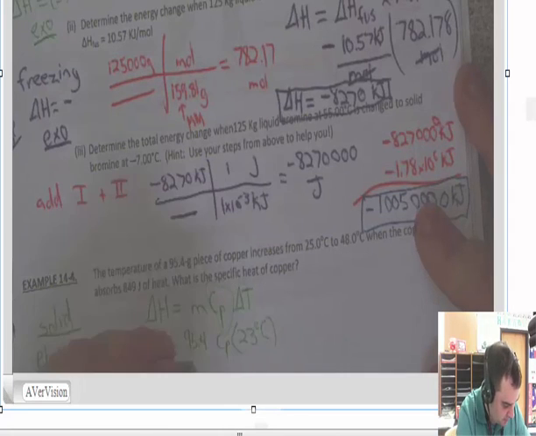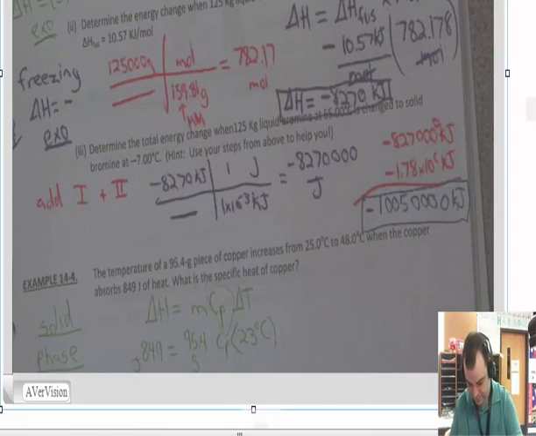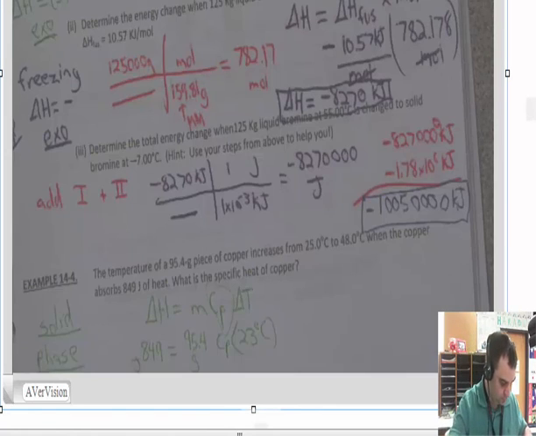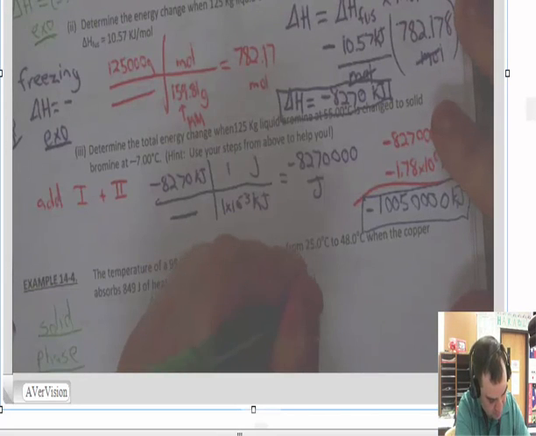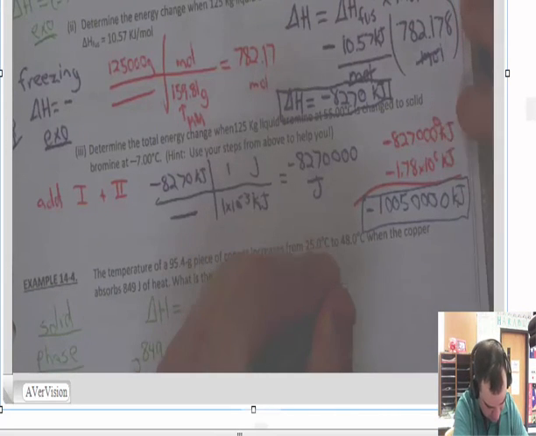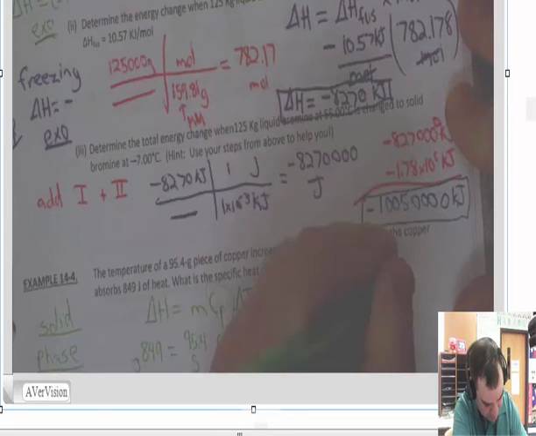So first thing I'm going to do here is multiply 95.4 times 23. So this is 849 equals 2194.2 Cp.